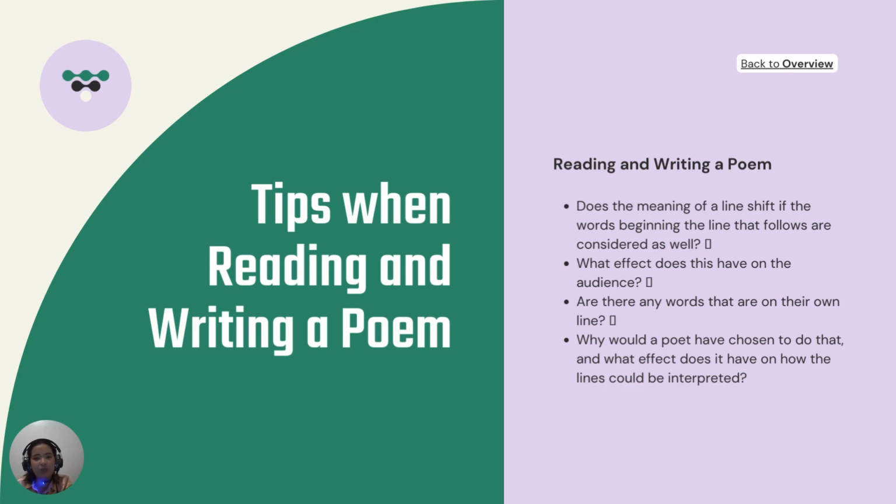The first one is: does the meaning of a line shift if the words beginning the line that follows are considered as well? You try to look into the shifting of lines. Second, what effects does this have on the audience? So effect in terms of its purpose. Okay? Effect also in terms of the attack of the writer.